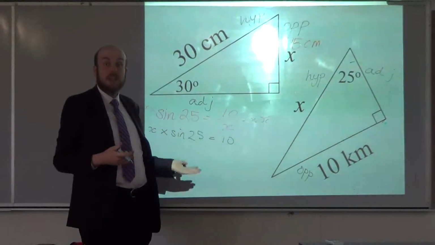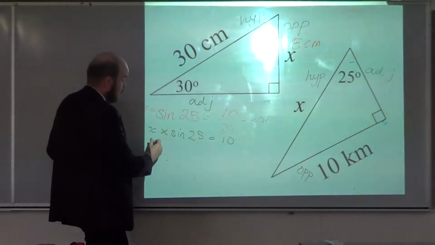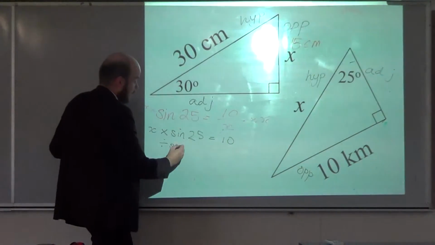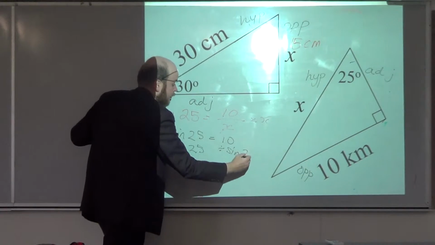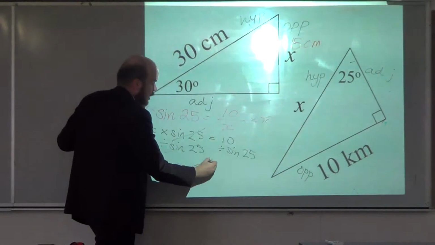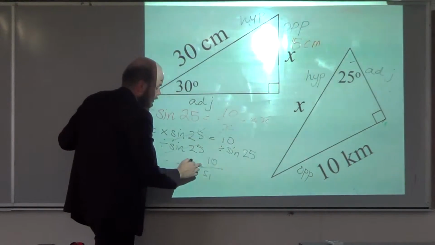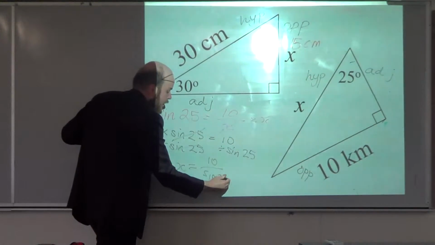Now, whenever you're working this out, I need to get x on its own. So what I'm going to do is divide both sides by sine 25, because those will cancel out, and x will just be equal to 10 over sine 25.